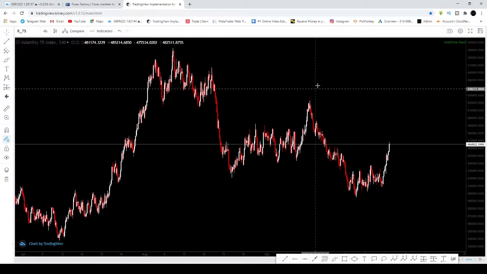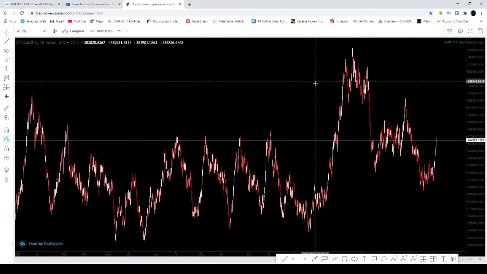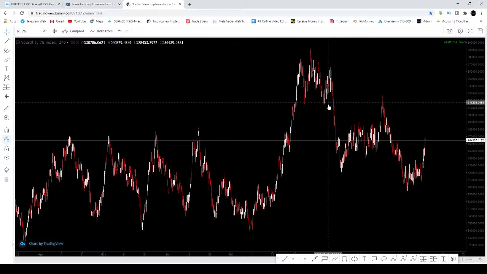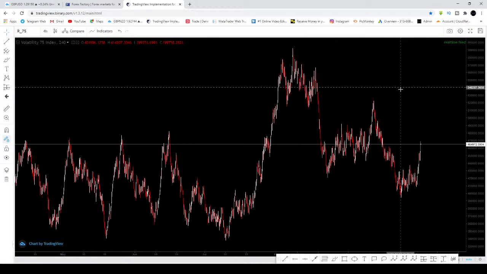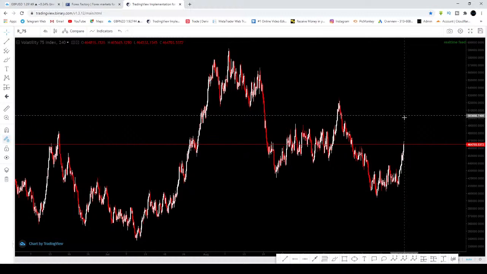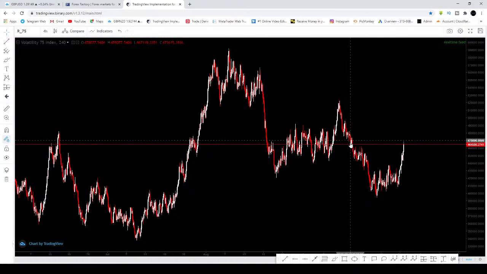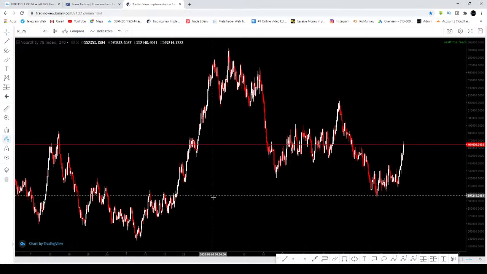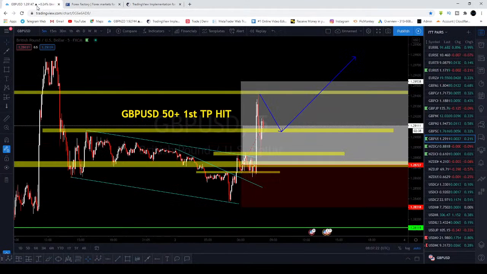Let it just continue going. Let it go to heaven. I'm not interested in trading it. I will just be watching it. Let it do whatsoever it wants to do. Patience matters, man. So I'm patiently waiting for this volatility 75 to do what I personally like. Without that, I'm not interested in trading it.